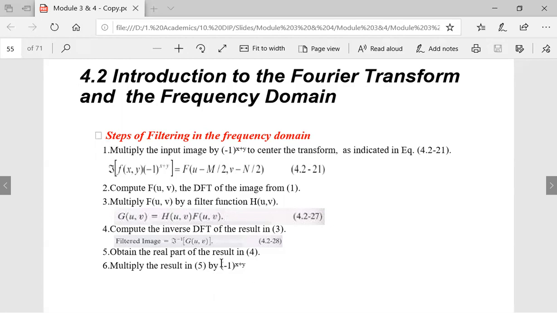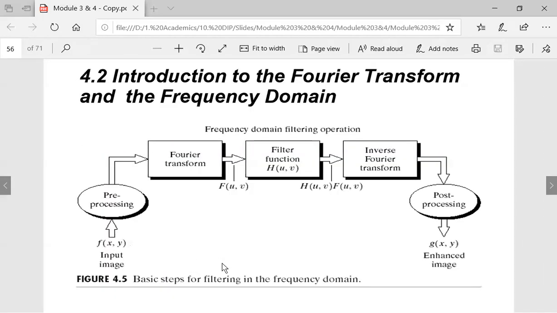Till here you have understood the introduction of Fourier transformation and the frequency domain. In this one, we have learned the steps of filtering in the frequency domain. Next, whatever I have told is a pictorial representation. Here f(x,y) is the input image and pre-processing is done.